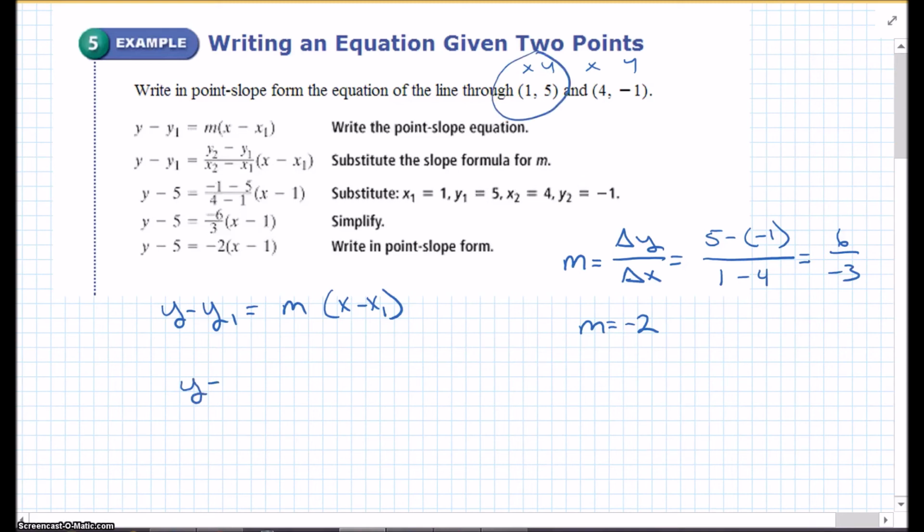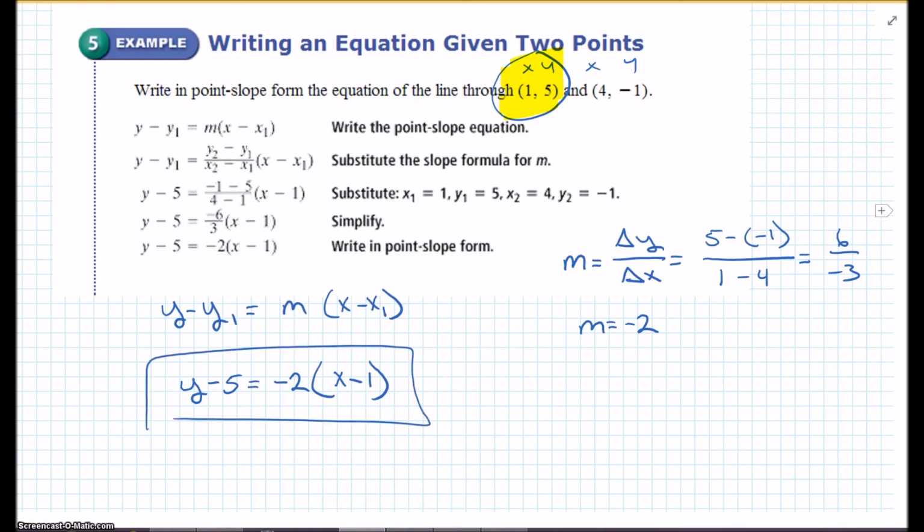We'll look at the very first term, 1 and 5. So my y1 is 5 equals my slope, which is negative 2, times x minus my x value, which is 1, using this term. And if it says we can leave it in point-slope form, we can leave it in point-slope form. So if we're given 2 points, the first thing we have to do is find the slope. And then we can put it in point-slope form.